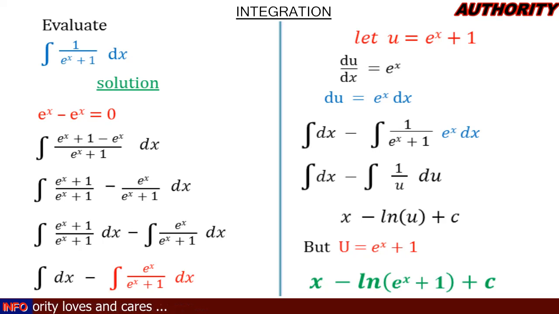Now you can check if our value is correct by differentiating this answer. Please, I want you to pick a sheet of paper and give it a try. You see that if you differentiate this, it's going to give you the initial expression we have.